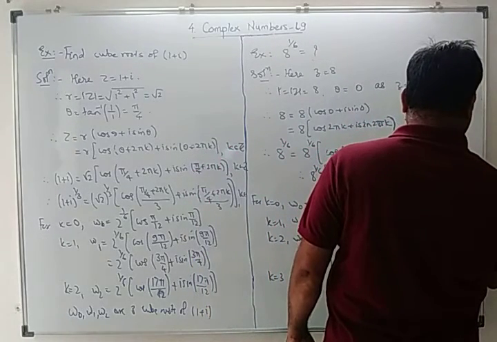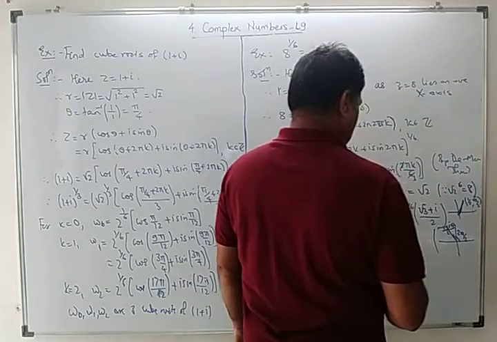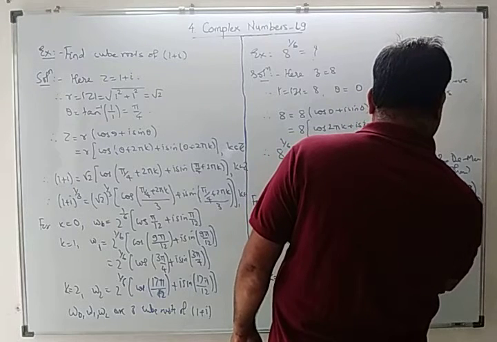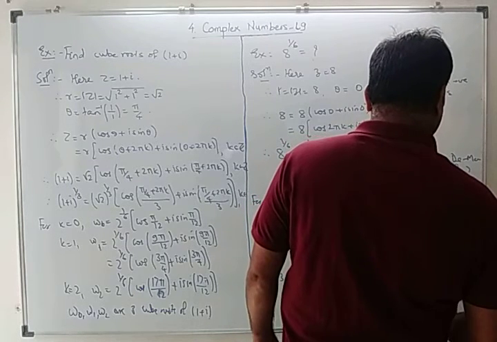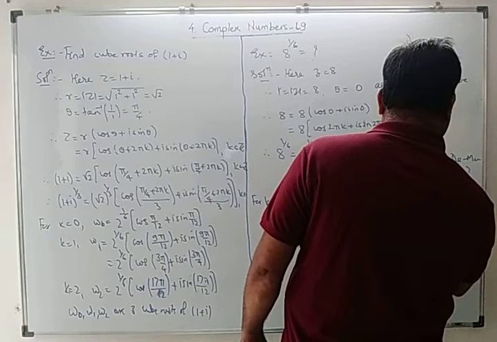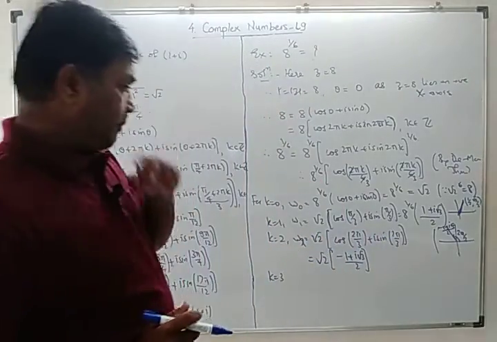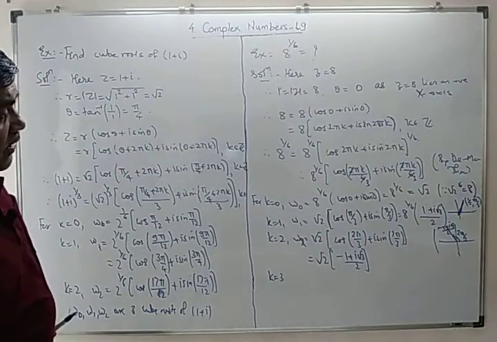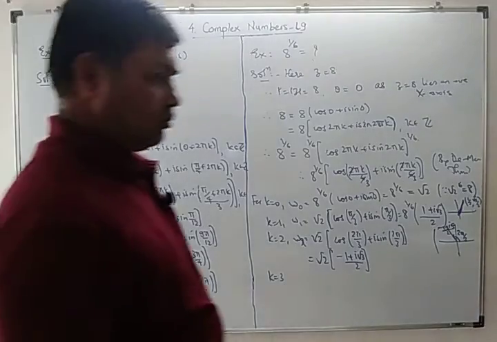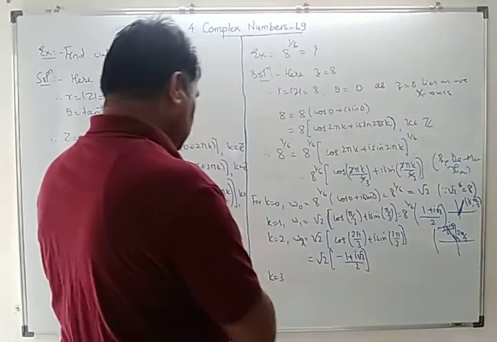The y is root 3 by 2, right? Cos pi by 3 is half.